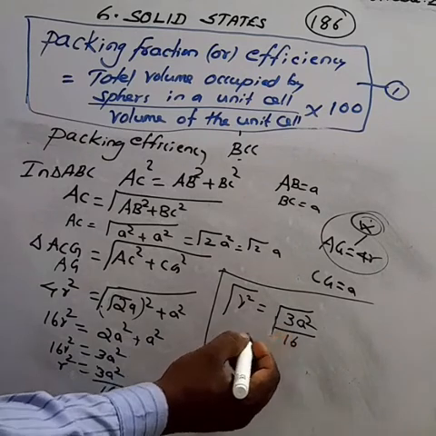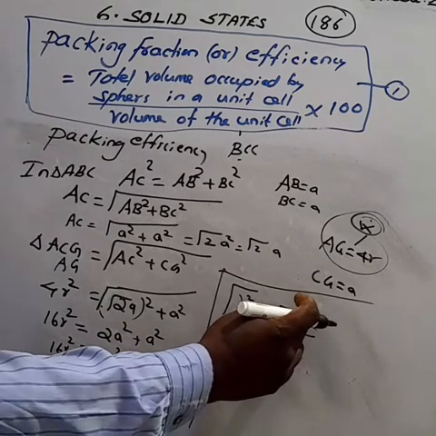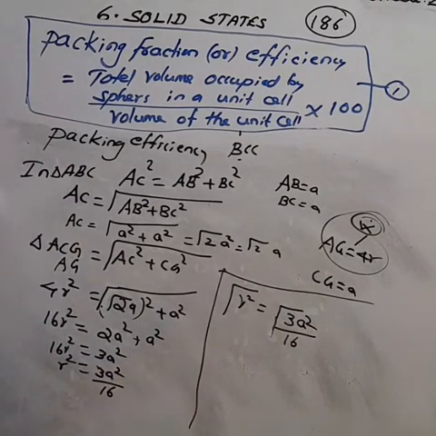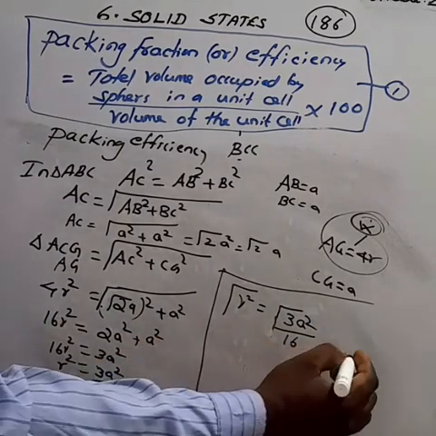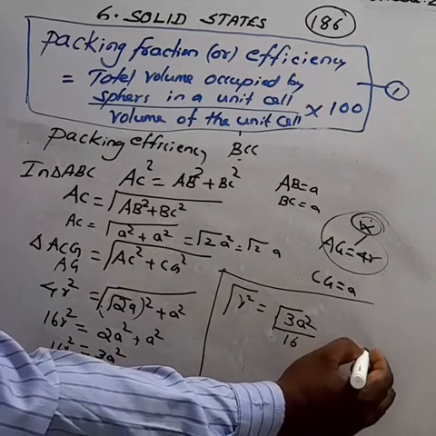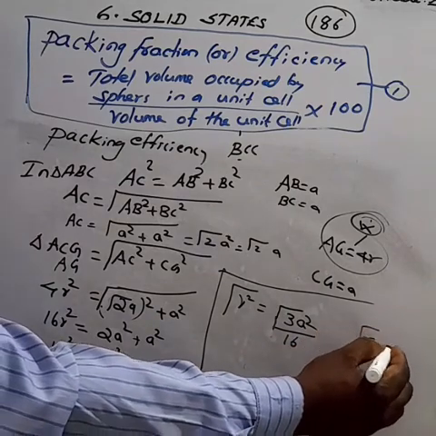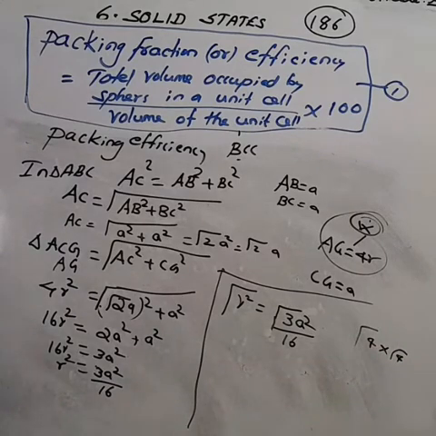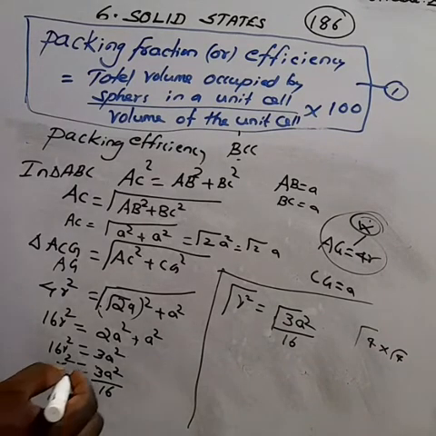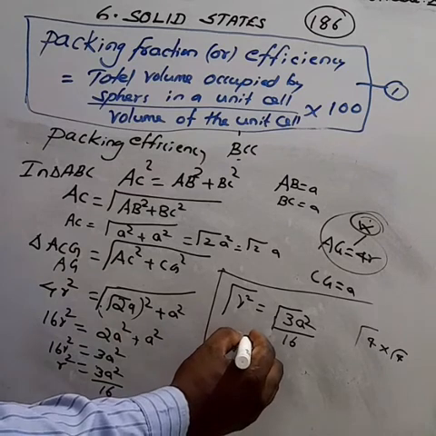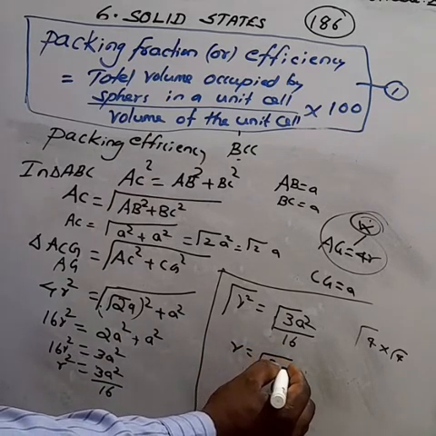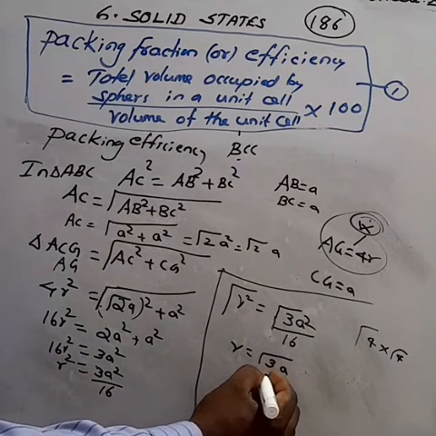Root a square can be written as a, am I right? Then root 16 is root 4 and root 4, that is 4. So what's the answer? R is equal to root 3 into a divided by 4.